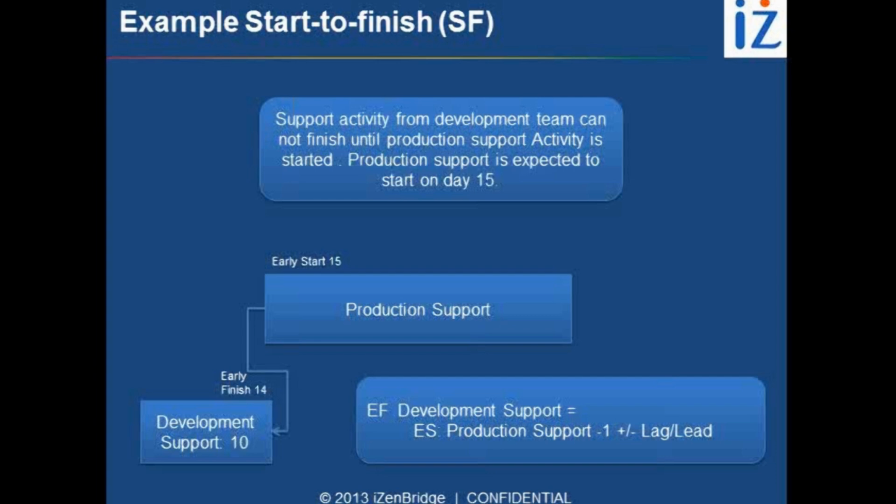So if it's like a lead, it means I can finish the work on day 13, for 1 day nothing will be happening, and on day 15, production support people will start working on it. So when you have a lag situation, especially in a start and finish kind of relation, on the lag day, nothing is happening.